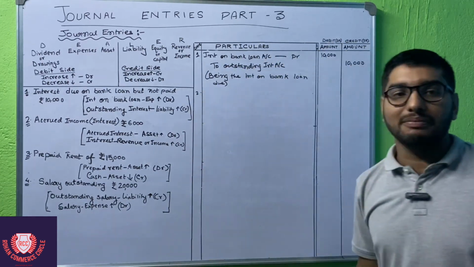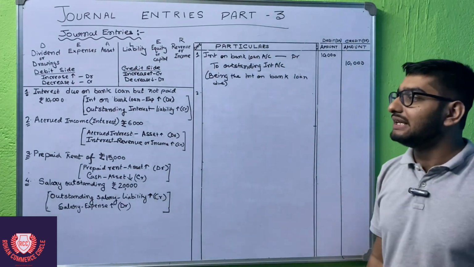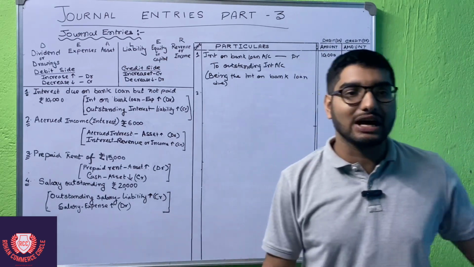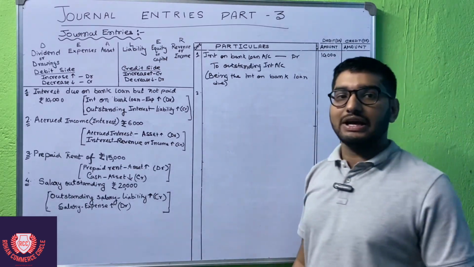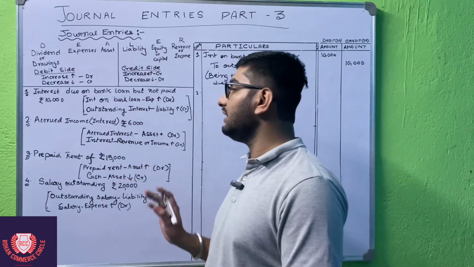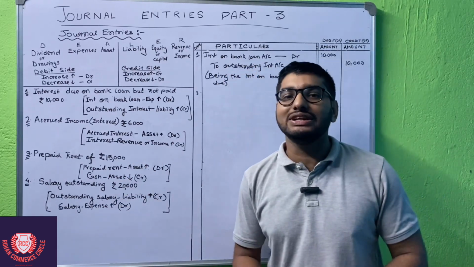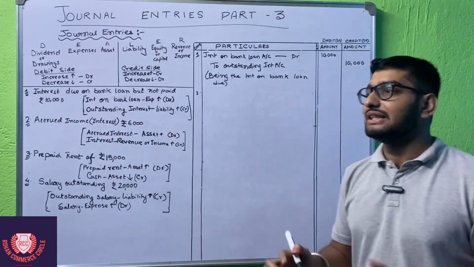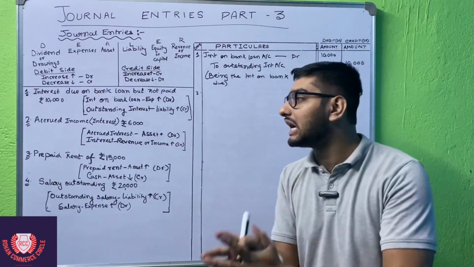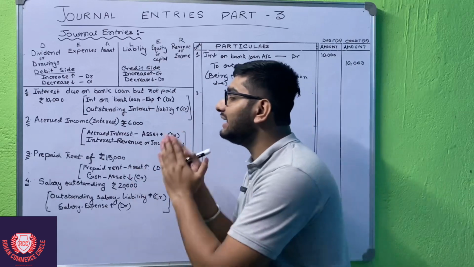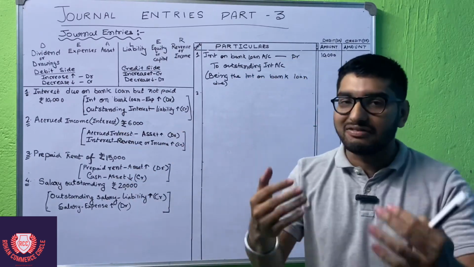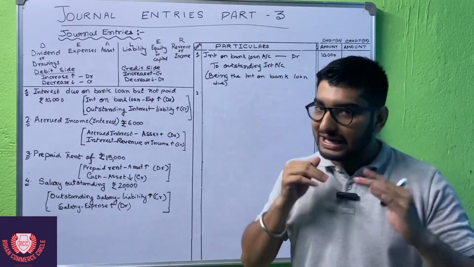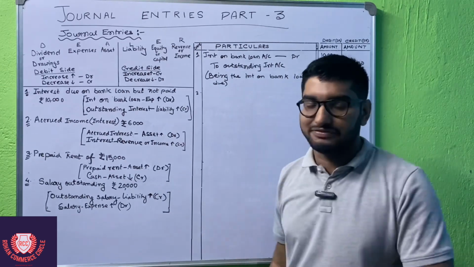Next we come to the next journal entry, that is the accrued income. Accrued income means the income which we have already gained but not received. Here we have gained the interest but not received it.